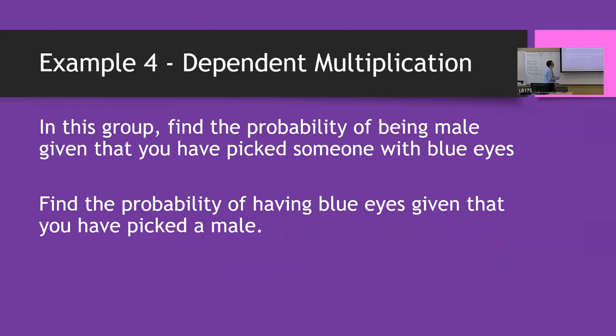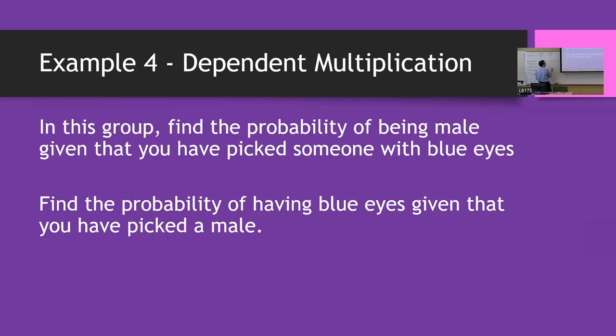So we're going to answer the following questions. What's the probability of being male given that you picked somebody with blue eyes? So probability of male given that you picked somebody with blue eyes.